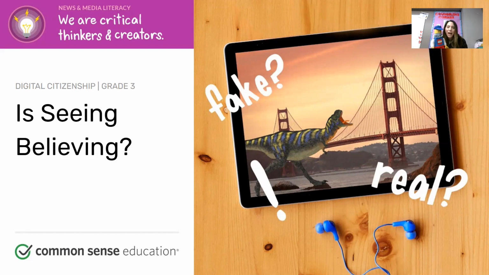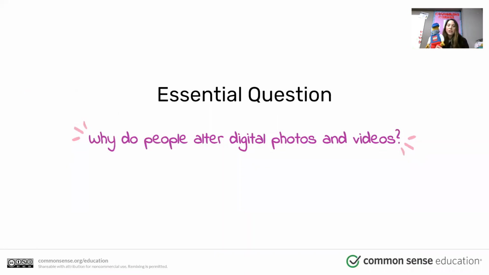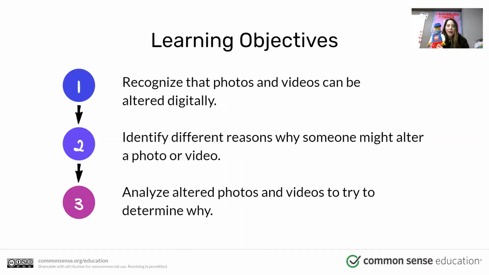And why do they do that? Because they want to try to get people to click and they want to get people to believe it. And we have to be smarter than that. So we're going to be looking at that this week. Our question is, why do people alter digital photos and videos? Why do they want to change them and make people believe something different? So we'll be talking about that.